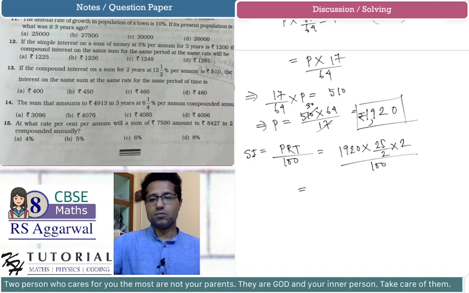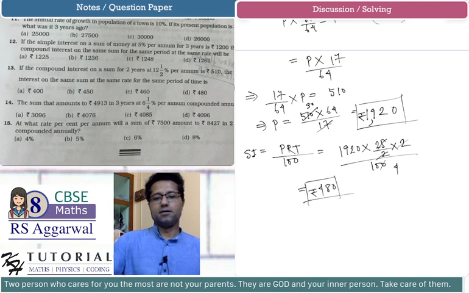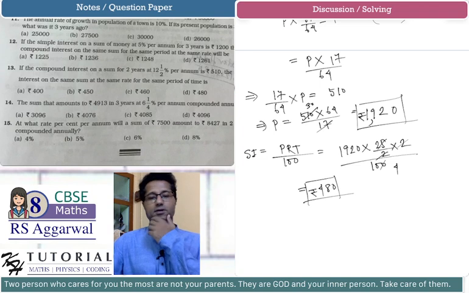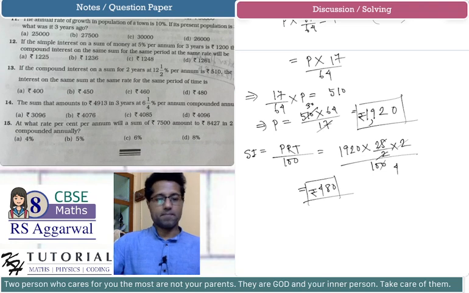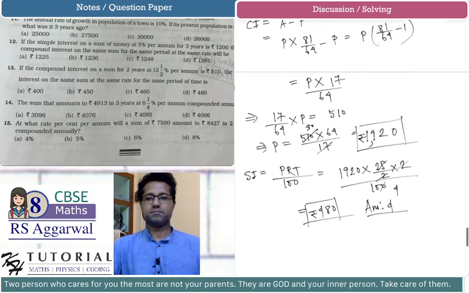This is equal to, 2 cancels, 25 divides with 4, and this is 480. So 480 is the simple interest on the given sum at the same rate for the same period of time. So the answer, the choice, is D.